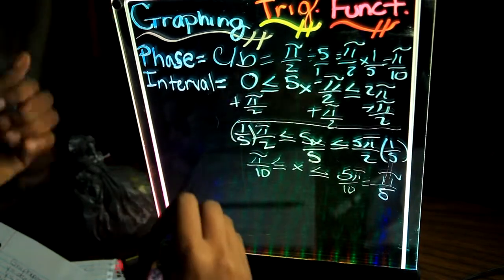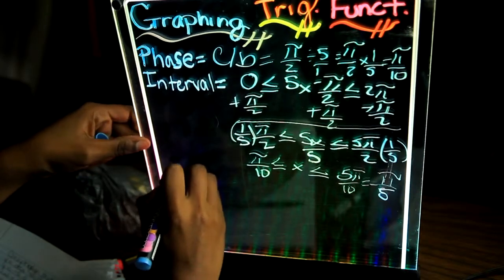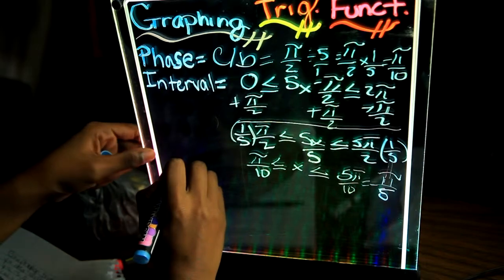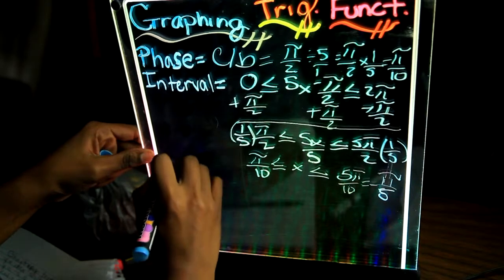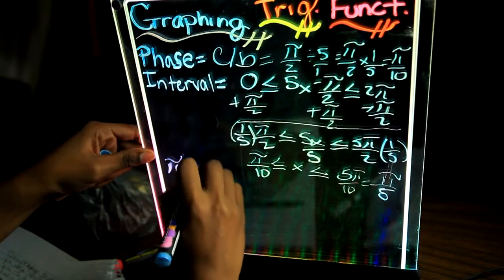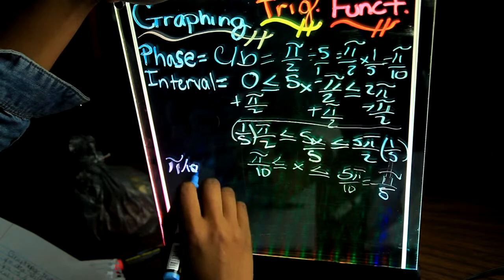Next, we're going to find our critical points. And the way we do that is we take our interval, which starts at pi over 10, and we add pi over 10.